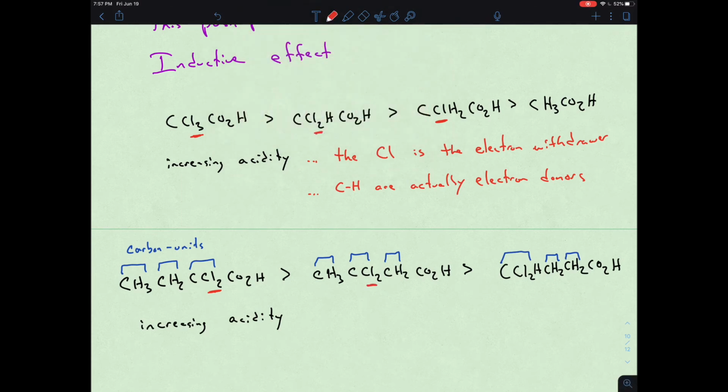We're seeing the chlorine go from directly adjacent to then 1 away to then 2 away.